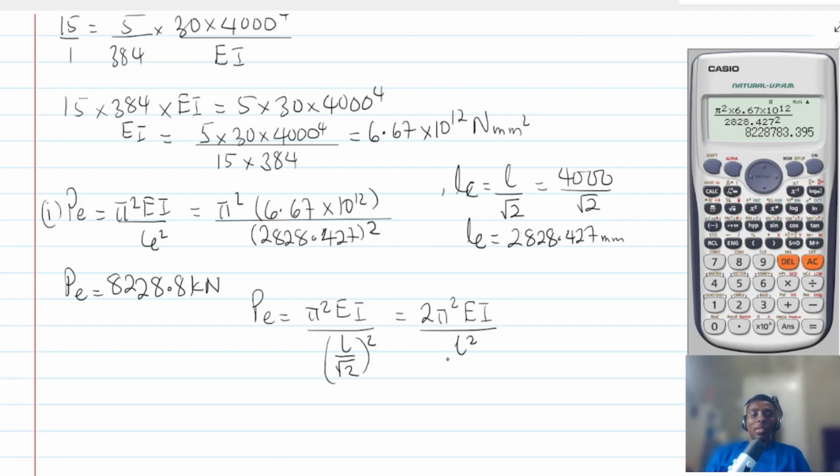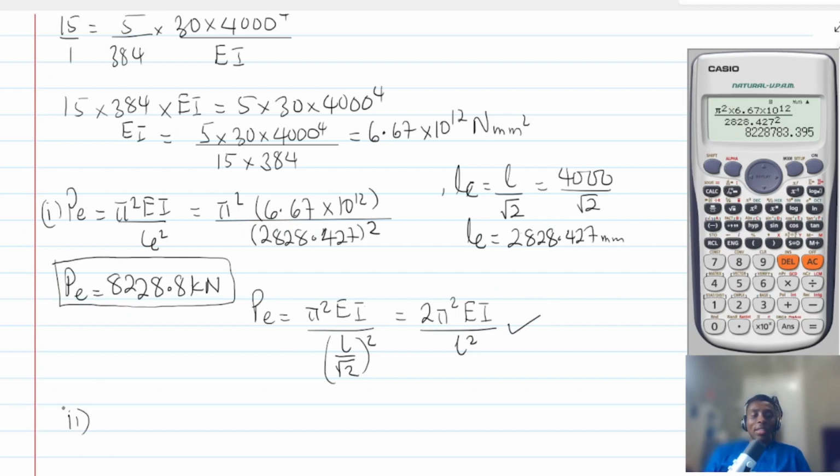So this is also correct. Depending on how you do it, you may get some approximations. I want you to do this same question using this formula and give me your answer in the comment section. Use this formula when you substitute, rather.